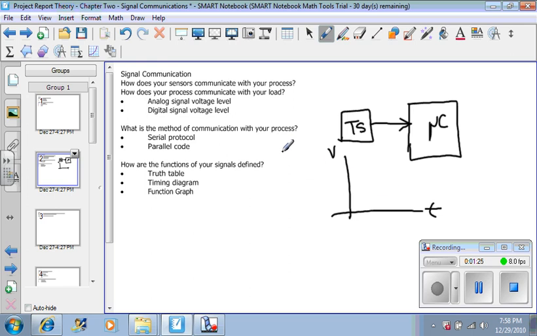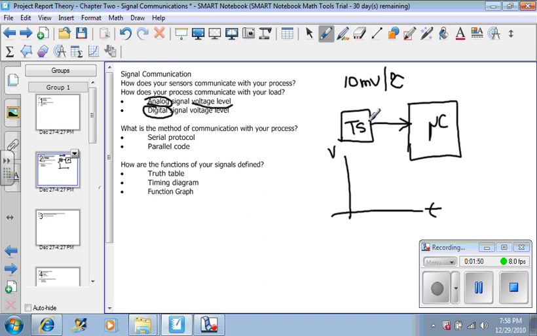The first thing that we have to know is what is the level of the voltage. The second thing we have to know is whether this voltage is analog or digital. Now, our temperature sensor is outputting 10 millivolts for every degree Celsius.